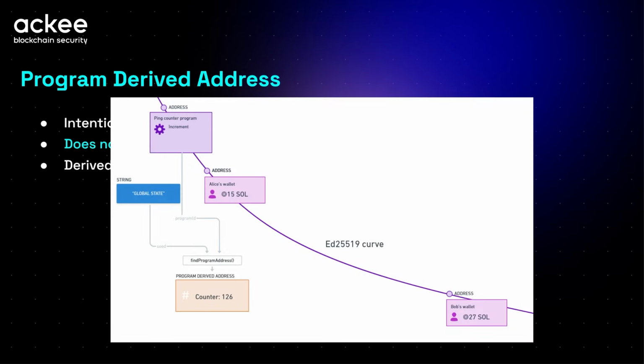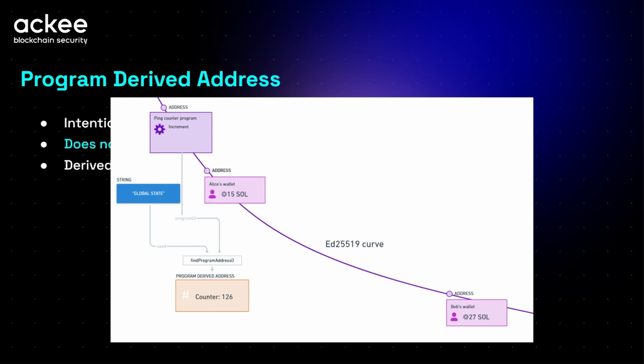But let's talk about the example. This is again the elliptic curve, and again you can see here lands Bob's wallet, here lands Alice's wallet, and here lands our Solana program. The Solana program also has its corresponding private key and public key, because you send the transaction when you deploy the program.